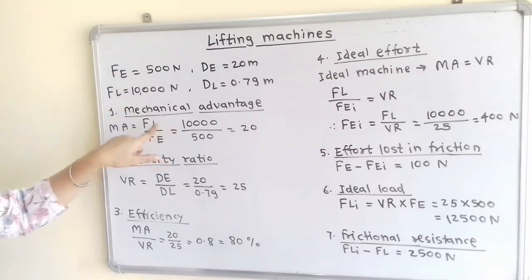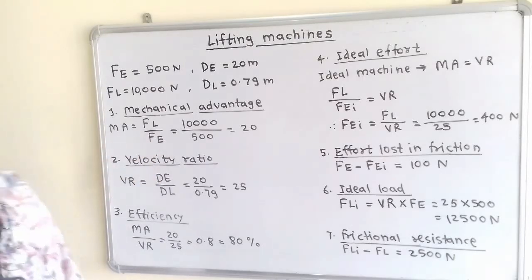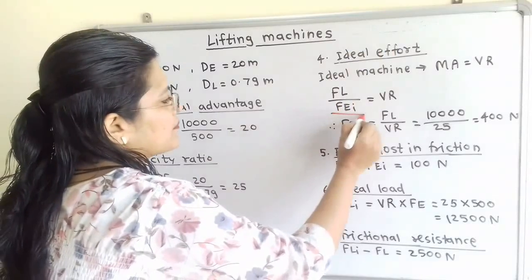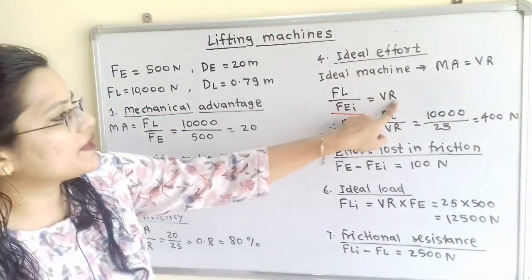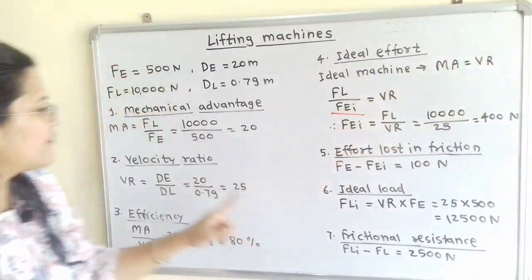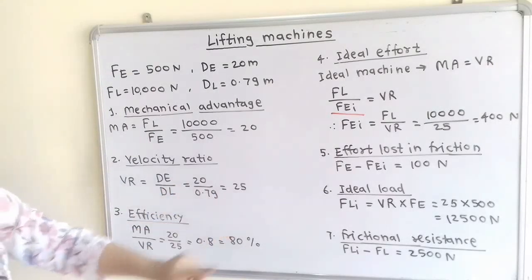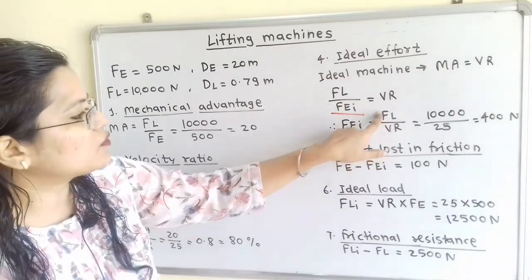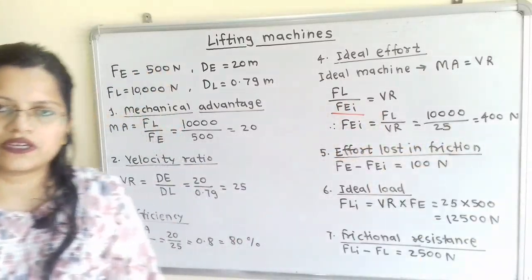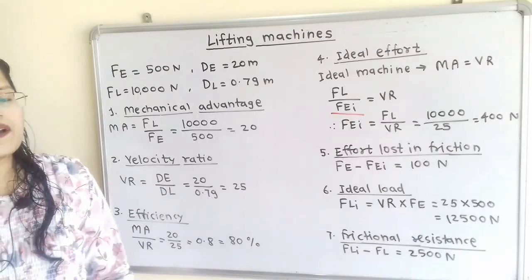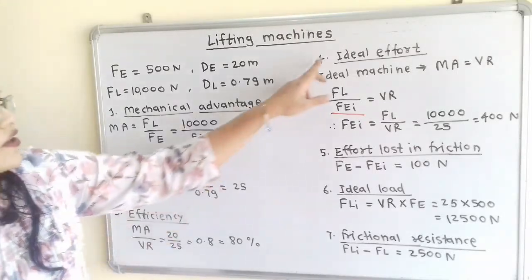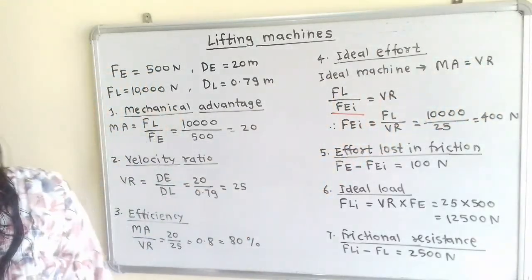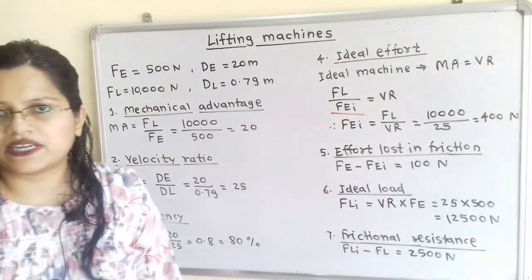So FL divided by FEI, because we have to find out FEI, the ideal effort, is equal to VR. VR is 25. So FEI is equal to FL by VR, which is equal to 400 Newton. That means when we have to find out ideal effort, all the other parameters, VR as well as FL, we have to take from the given data.